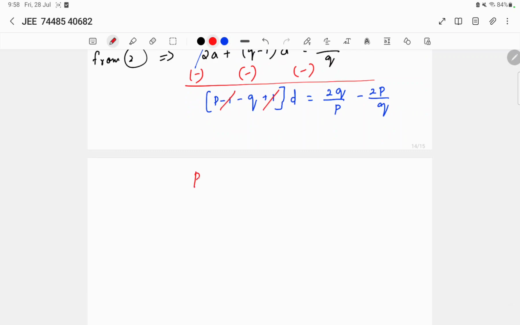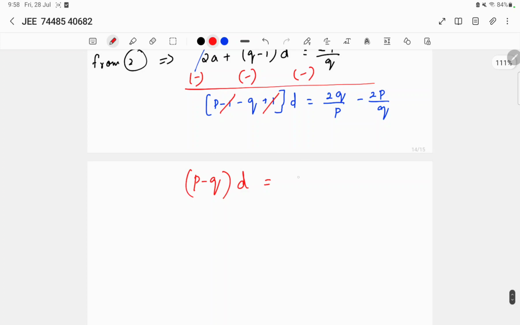So we get P minus Q into D equals, taking the LCM with 2 common, 2 into Q square minus P square divided by PQ.